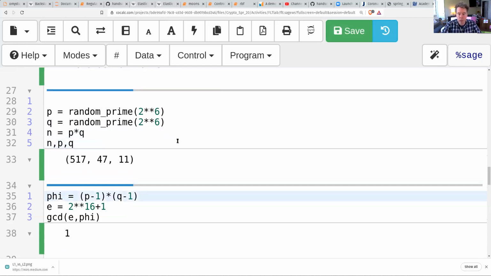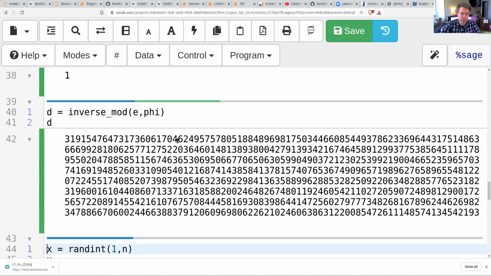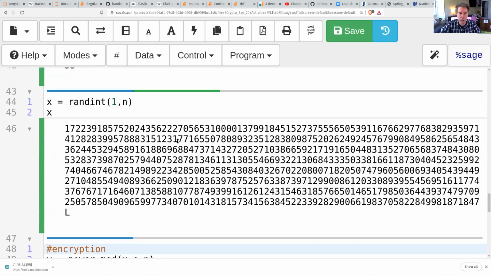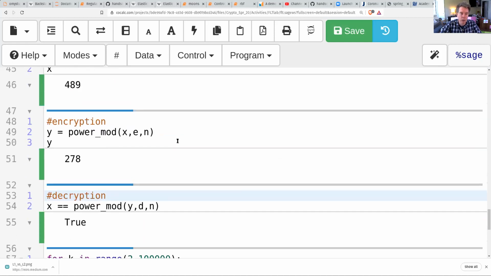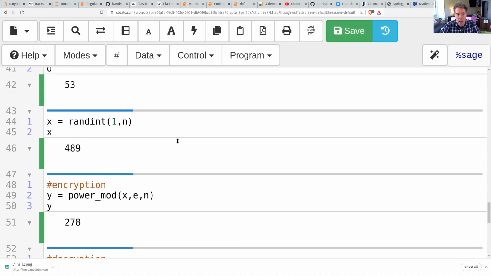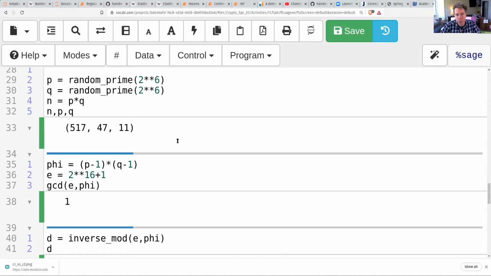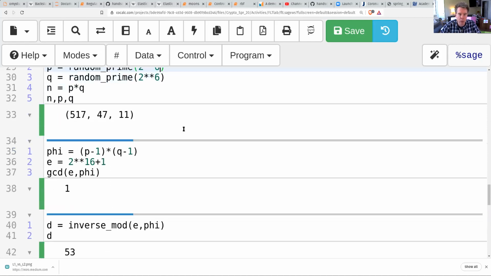Okay, here's an example with smaller numbers. Then d turns out just to be 53. y is 278, and decryption still works fine. And if you really want extremely small numbers that are very easy to understand, you could just make this exponent even smaller.